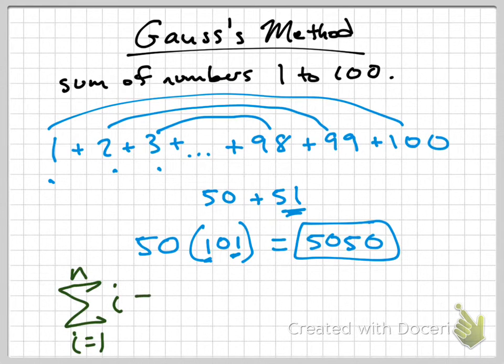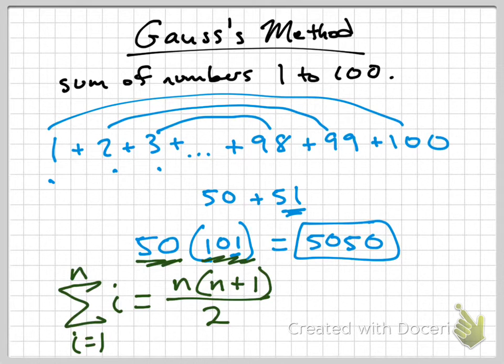All we have to do is take half of the number of numbers, as Gauss noticed here, 50 was half of 100, and multiply it by 1 more than the number of numbers.